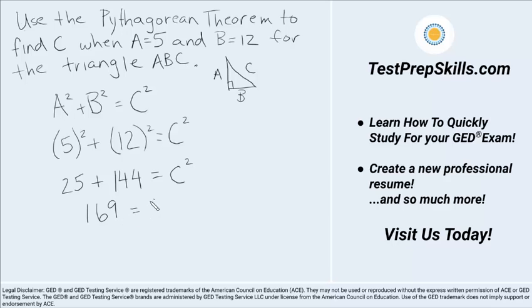And that equals c squared. Now, in order to just find c, right, we don't want to know what c squared is. We want to know what c is. We're going to need to take the square root of both sides, okay? So if we take the square root of both our left and our right-hand side, we're going to end up with 13 on the left, and on the right, we're going to equal c.